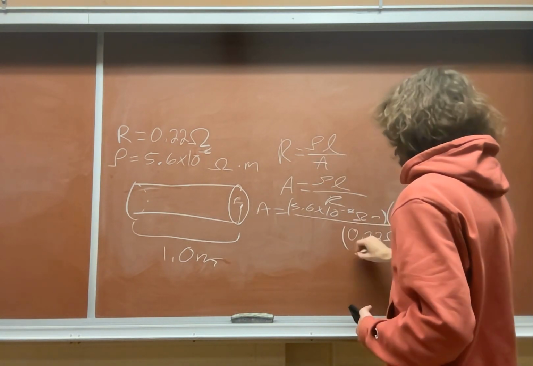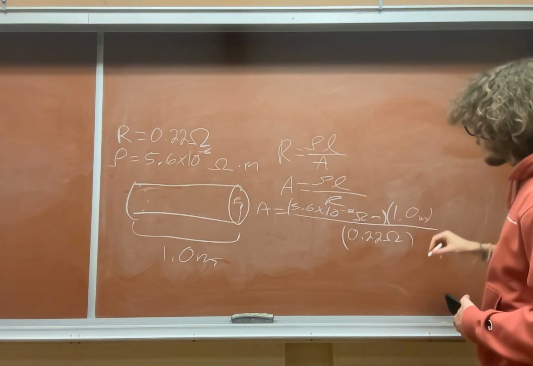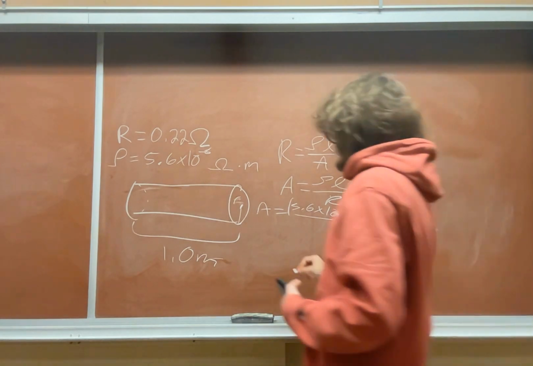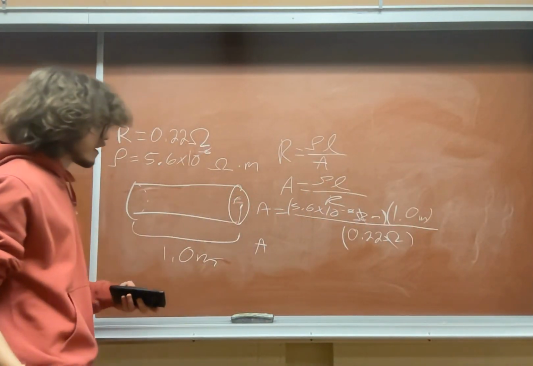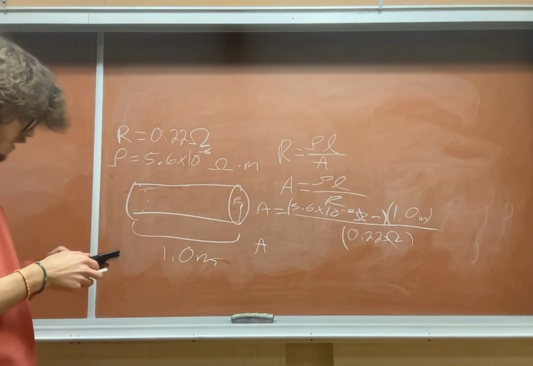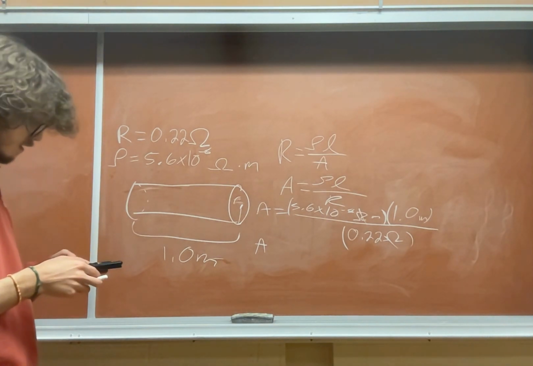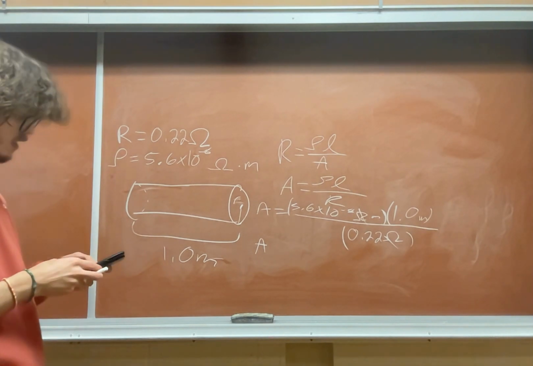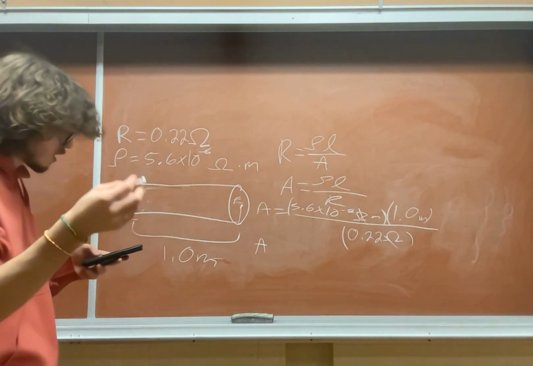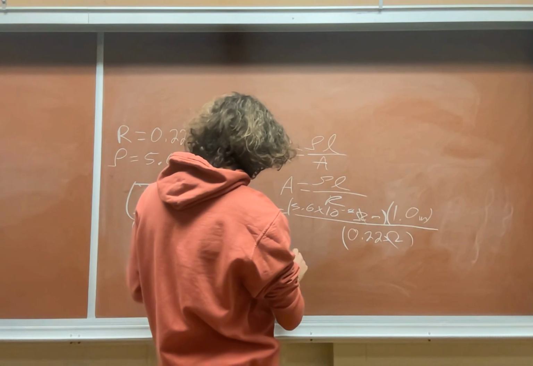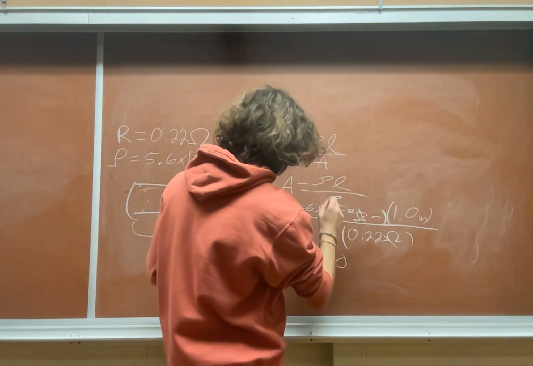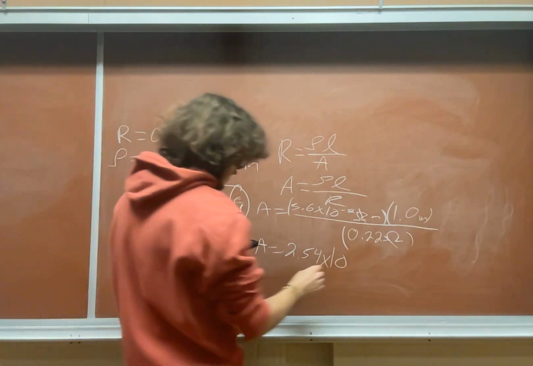The reason this formula works is that if you look at how the units cancel, ohms cancel, meters times meters is meters squared, that's an area. So when we find the area, it's 5.6 times 10 to the negative 8 times 1 over 0.22. Hopefully you should find the area to be very, very small, 2.54 times 10 to the negative 7.